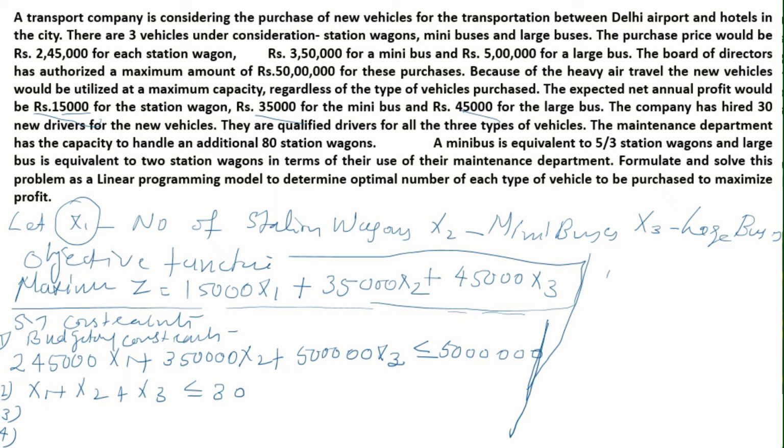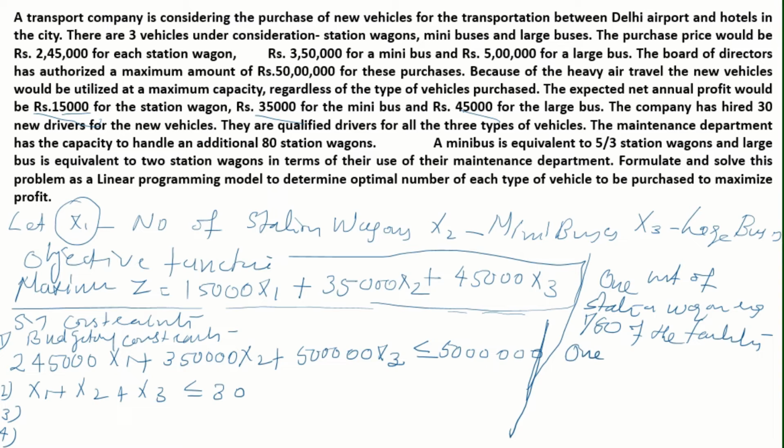So 1 unit of station wagon requires 1 by 80 of the facility. Now we have the minibus. It is said that a minibus is equivalent to 5 by 3 station wagons.